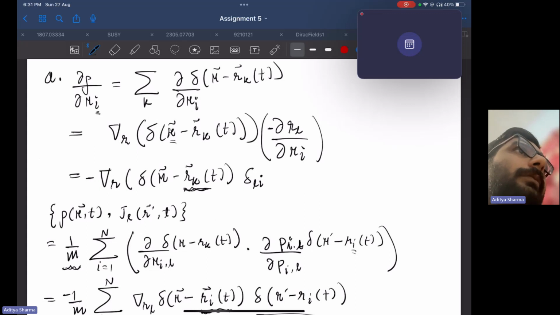So Dirac delta of R vector minus Ri vector, it's like there are a lot of Dirac deltas there inside. It is a notation for all the Dirac deltas, like Dirac delta of x minus xi of t and y minus yi of t, something like that. Everything is there. So the notation for that is we are writing it together.